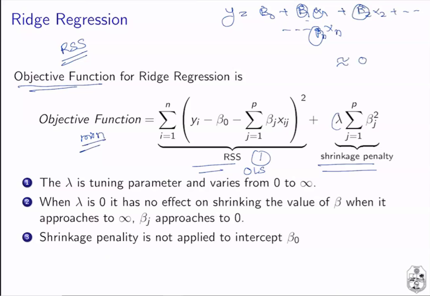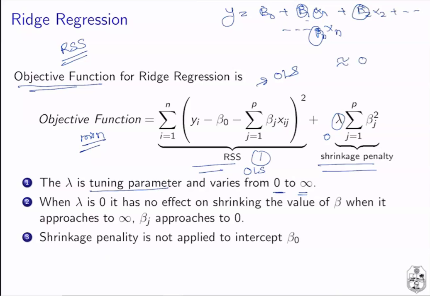Here, the parameter lambda is known as the tuning parameter, and it varies from 0 to infinity. Now we need to select the value of lambda in such a way that we get the best performance. When the value of lambda is 0, this objective function is the same as that used in the ordinary least squares method, and that is to minimize the residual sum of squares.